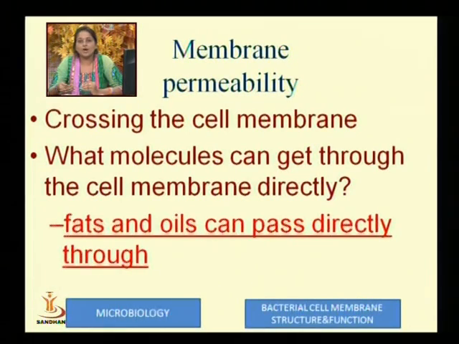Now, what molecules can get through the cell membrane directly? They are the fats and oils, which are able to pass directly through. Why fats and oils? Because they are hydrophobic in nature. So, this hydrophobic material is able to pass directly through the cell membrane, right?